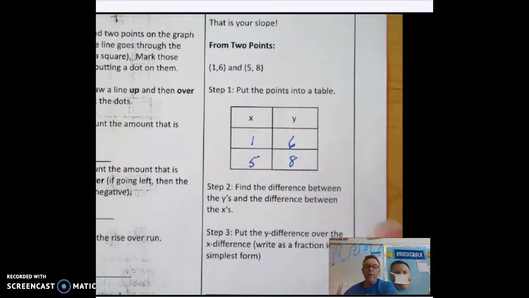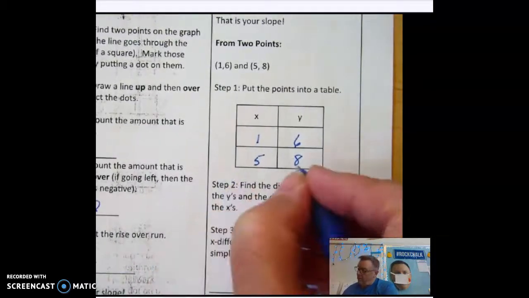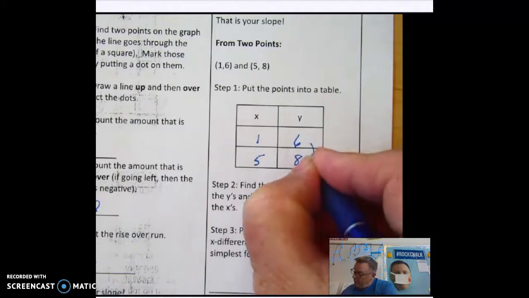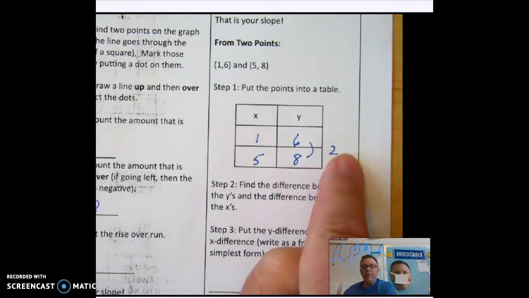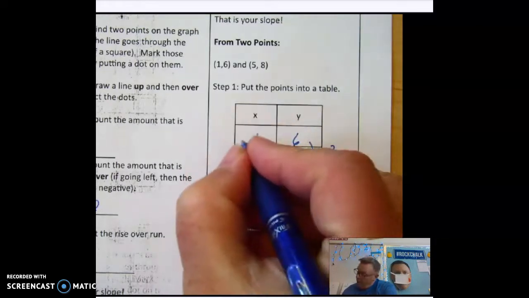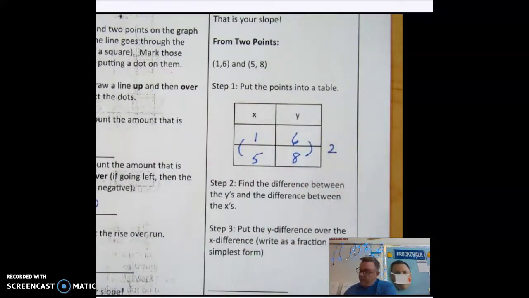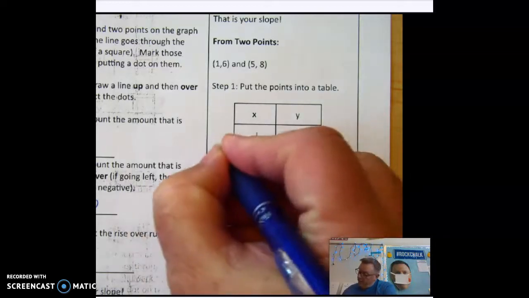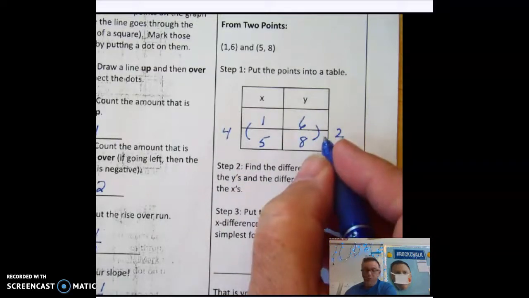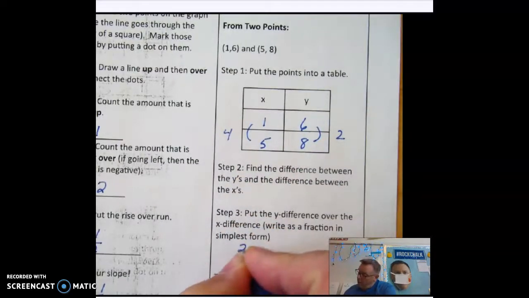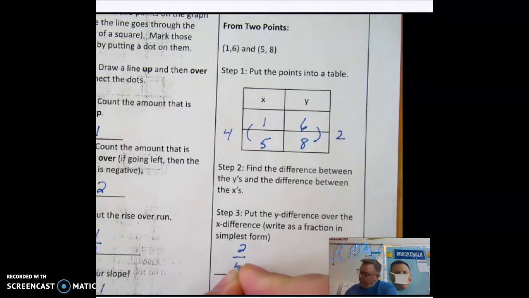So now I want to find the difference in y. The difference in y, this is going up 2. So how am I going to get from here to here? You're going up 2. Over here, how am I going to get from 1 to 5? The difference is 4. So my slope, remember, is the difference in y over the difference in x.